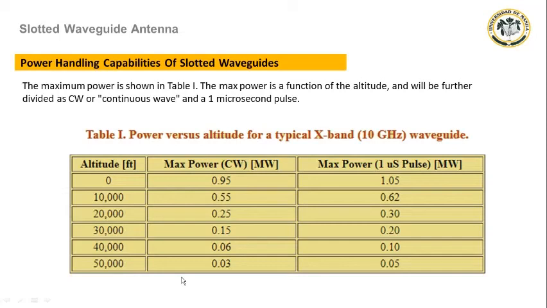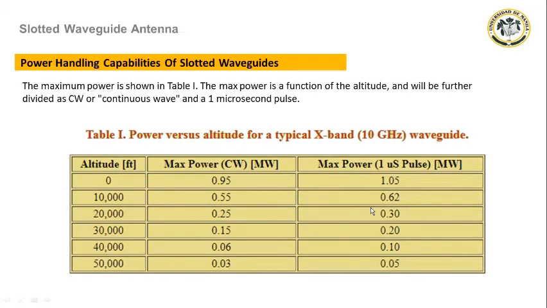The CW column gives the maximum power handling capabilities of a slotted waveguide when the array is continuously transmitting, in megawatts. The pulse column gives the maximum power when the waveguide radiates a brief pulse and then shuts off.